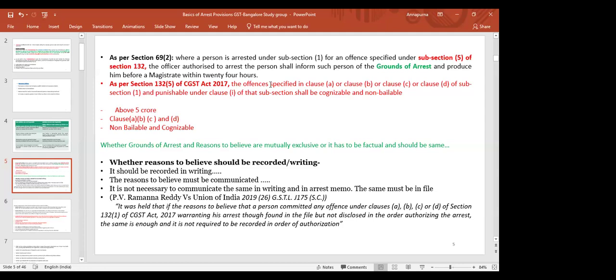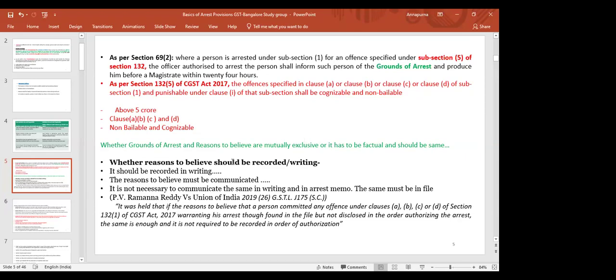The very important point to remember here is that we should read 'punishable under clause (i)'. If we read clause (i) of 132, it says that wherever the tax evaded, or wrong input tax claimed, or erroneous refund is above 5 crore, there is imprisonment not exceeding 5 years with a fine. So 69(2) is applicable when there is evasion of tax above 5 crore, and it is applicable for clauses (a), (b), (c), (d), and it is non-bailable and cognizable.